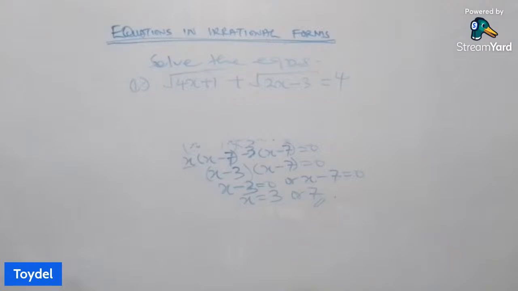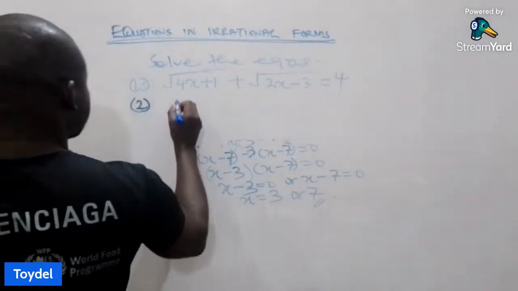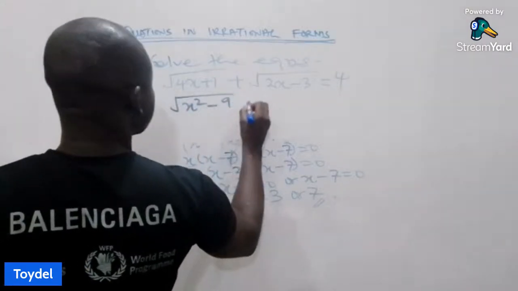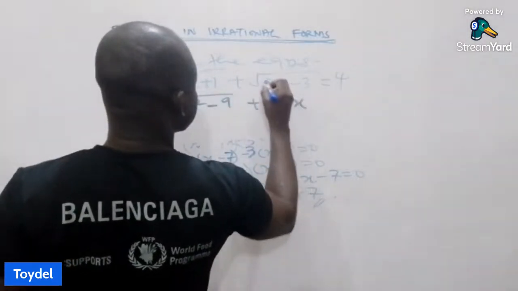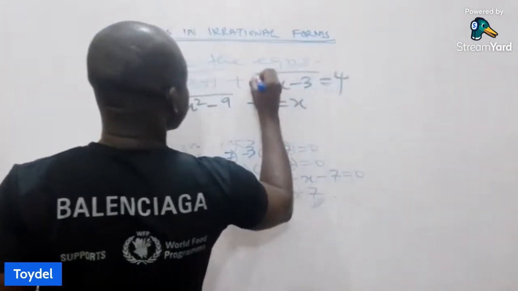Let's try that. Let me write 2 more. Let me give another one, where we have the square root of x squared minus 9, plus 1 is equal to x.